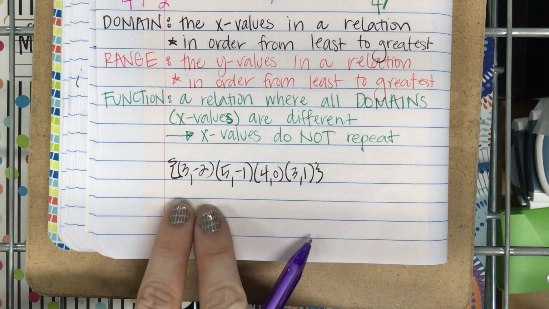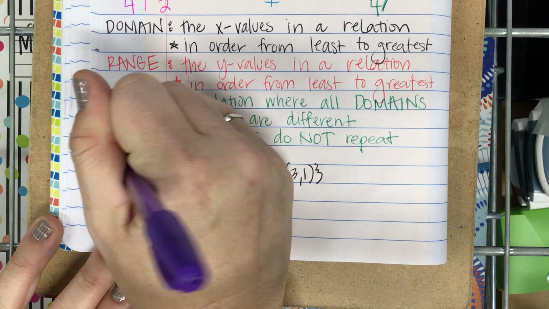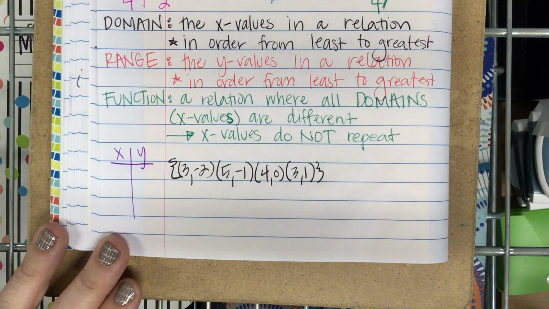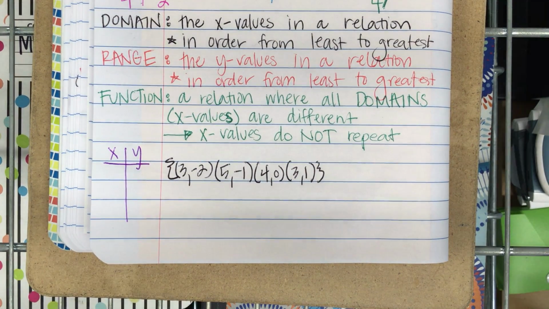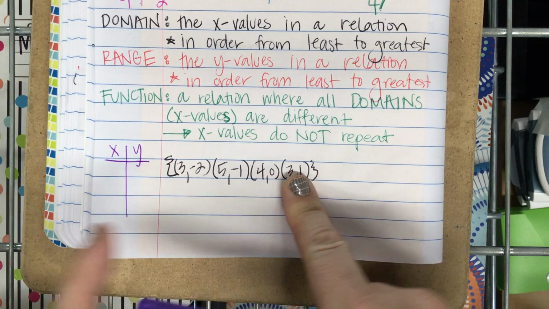Could you make a table? What goes first in my table? There are 2 of them, right? Does it matter which one? Not necessarily.